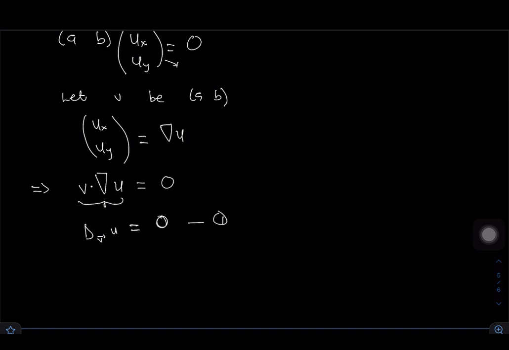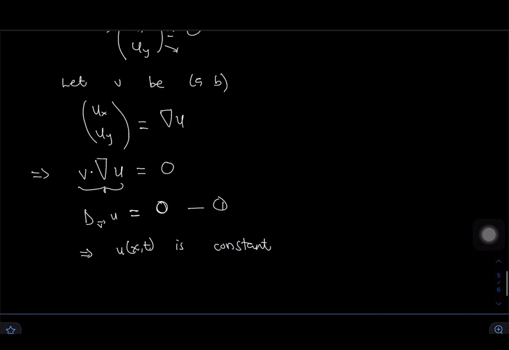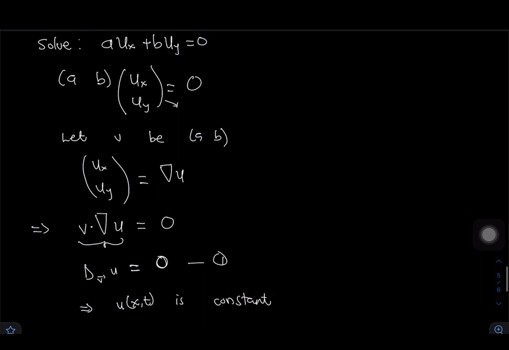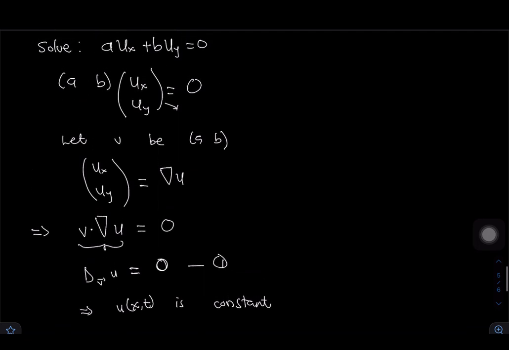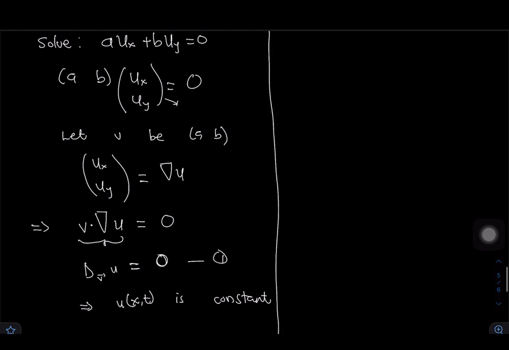It implies that u has to be a constant, because if the derivative of something is 0, it means that thing is a constant. So now we expect that u(x, y) is a constant. There are two ways we can come up with that function, or that constant.